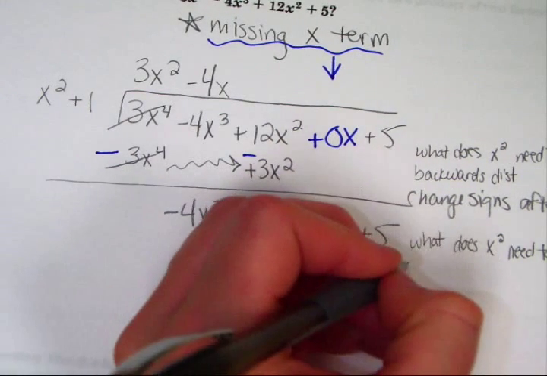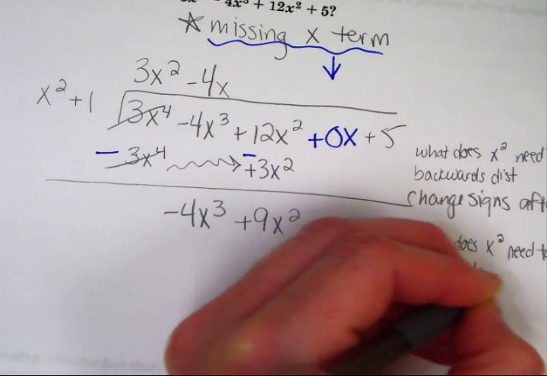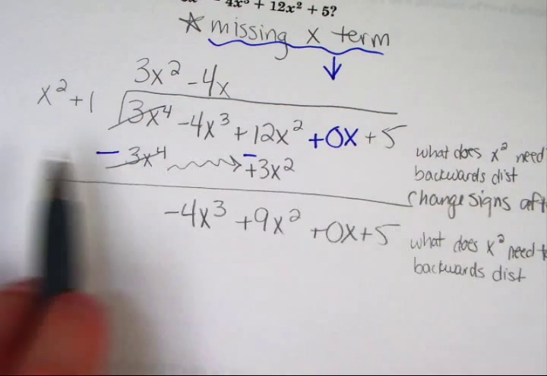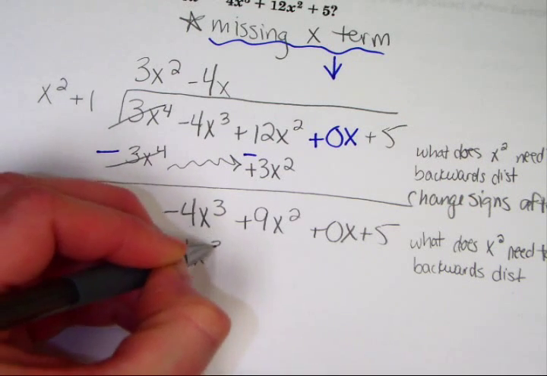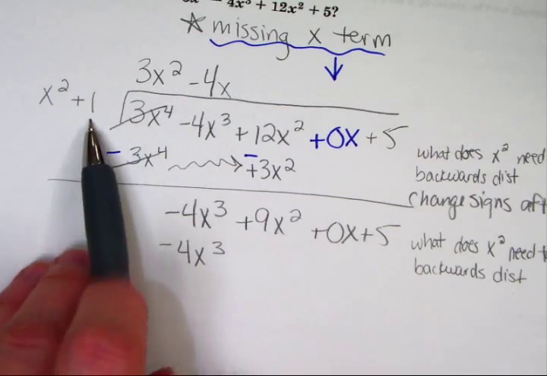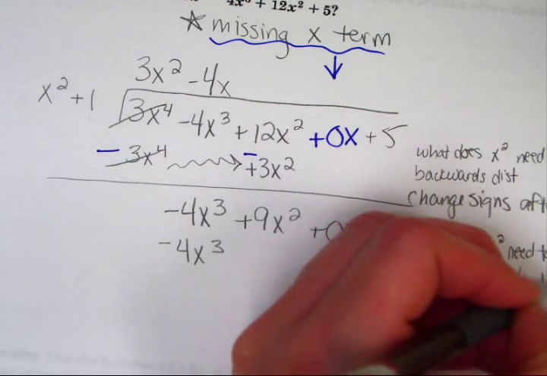Okay. So we'll backwards distribute. So negative 4x times x squared is negative 4x cubed. Negative 4x times 1 is minus 4x. Okay, don't forget to line them up.